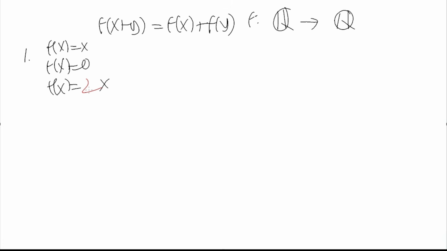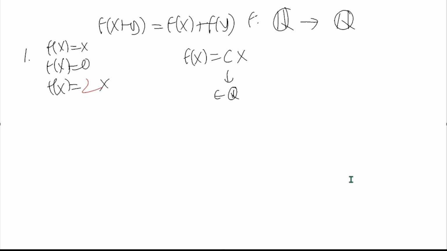And by just adding any constant in front of this, because 2 is not very special in this regard, we see that f of x equals c times x, where c is in the rational numbers, is a valid solution. So now we have this entire family of solutions, and let's go ahead and assume that we found all the solutions. And if we find another solution, we'll have to edit our argument in order to make it work.